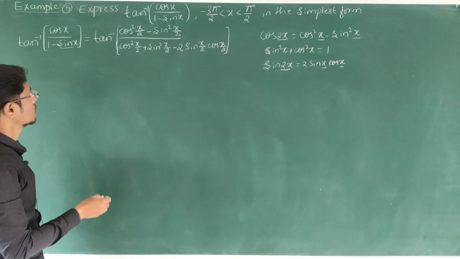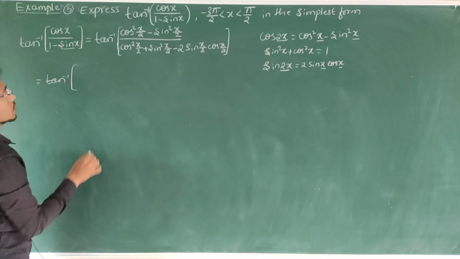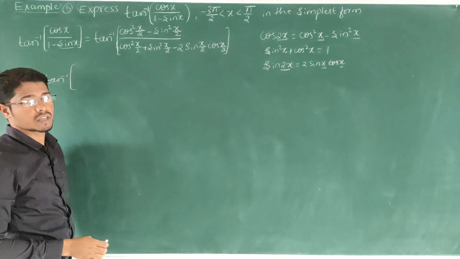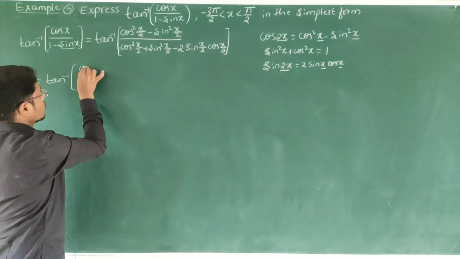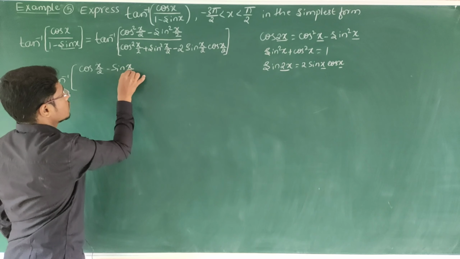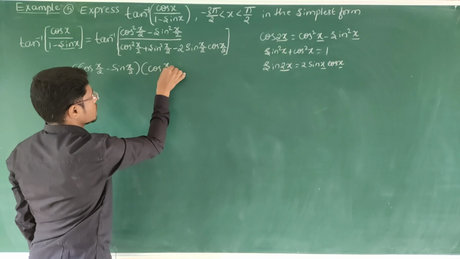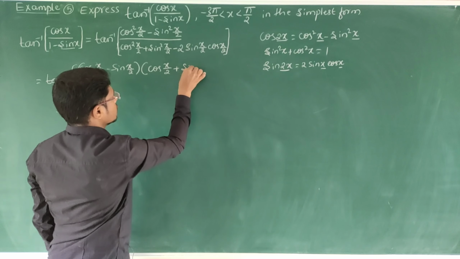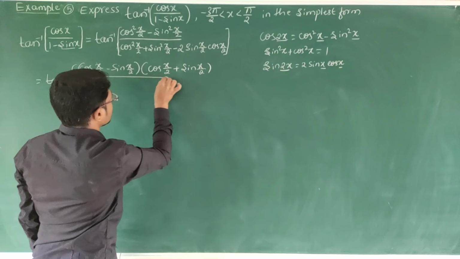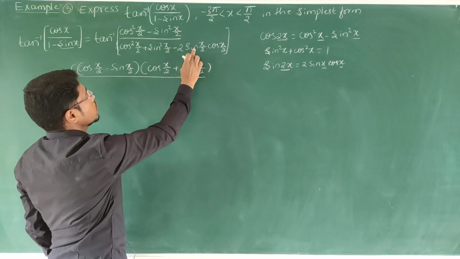Next, tan inverse of, see this a square minus b square format, I can write it as a minus b into a plus b, that is cos x by 2 minus sin x by 2, this is a minus b, next a plus b, cos x by 2 plus sin x by 2, divided by a square plus b square minus 2ab.